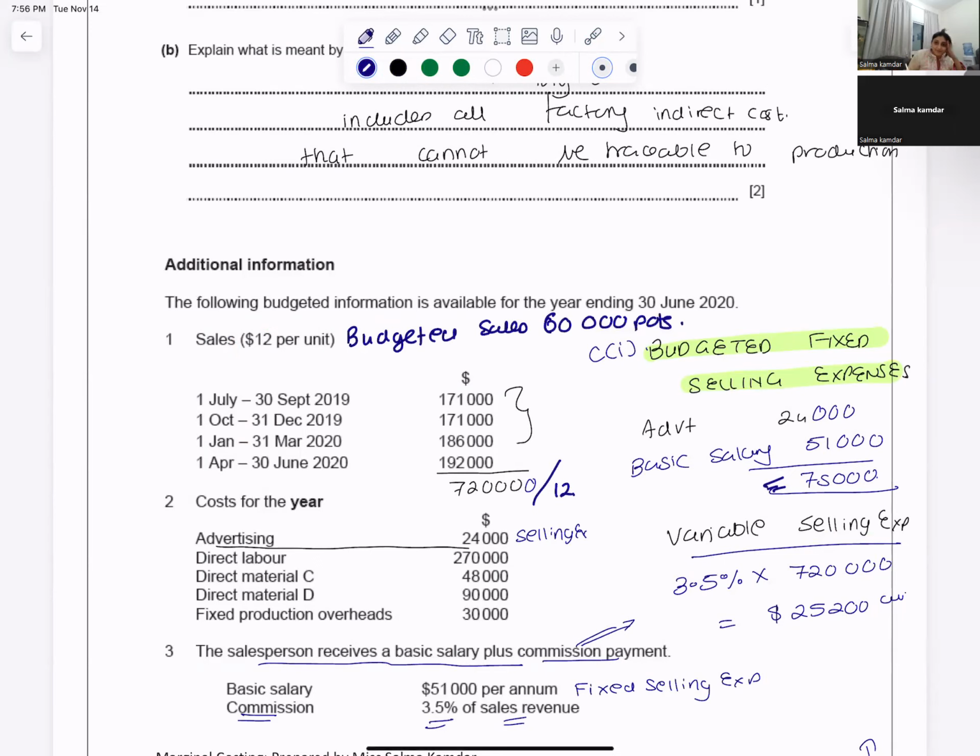It means my budgeted capacity is 70,000 pots. And how many pots am I already producing? I am already selling 60,000 pots, so I am already producing 60,000 pots.